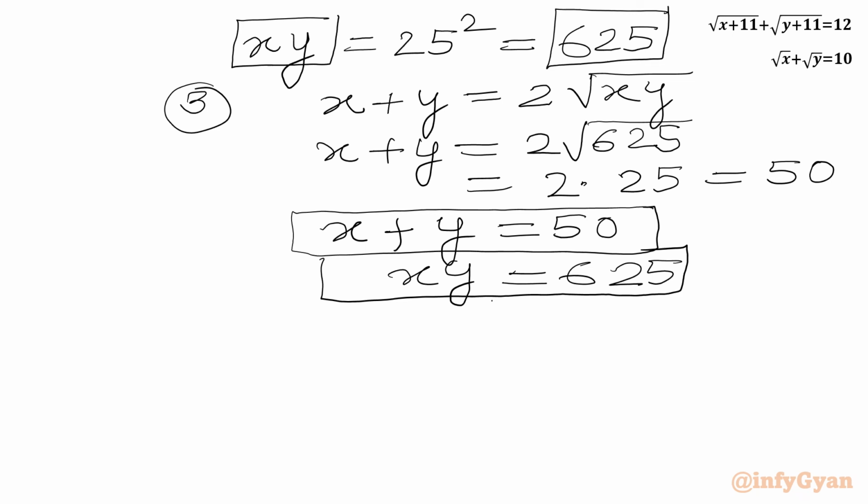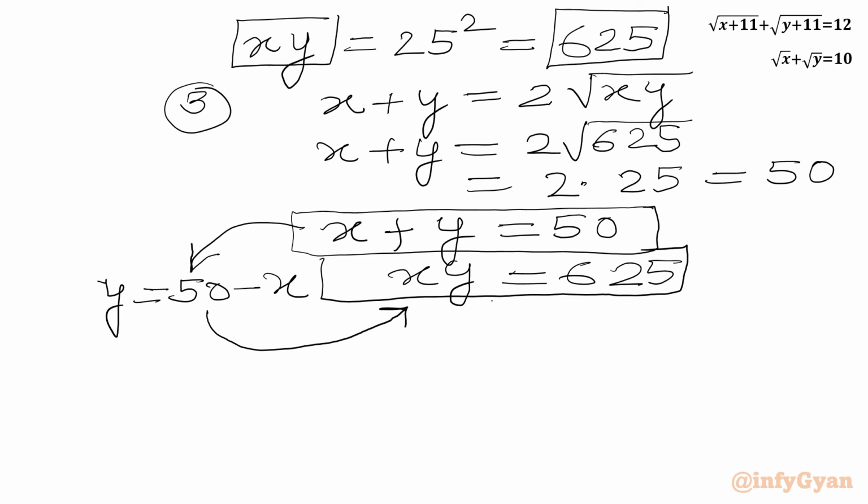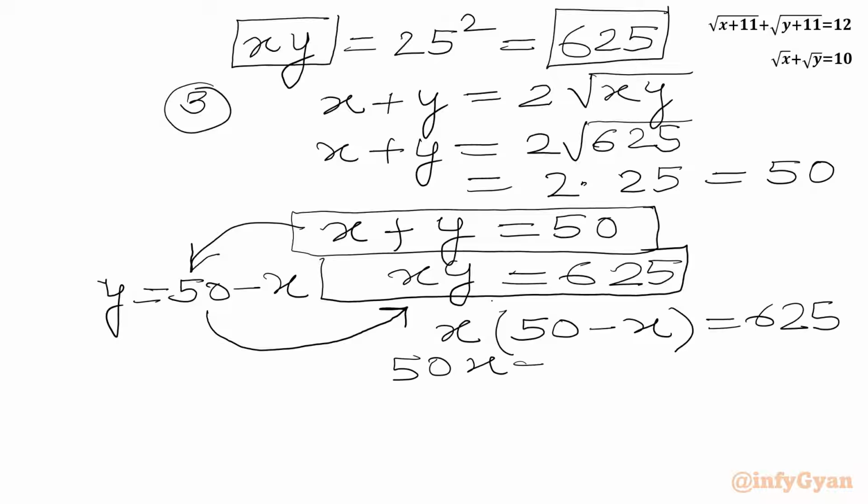So from our first equation, we can write here y will be equal to 50 minus x, which we are going to apply here. So we will get x times (50 minus x) equal to 625, or we'll write 50x minus x² equal to 625.